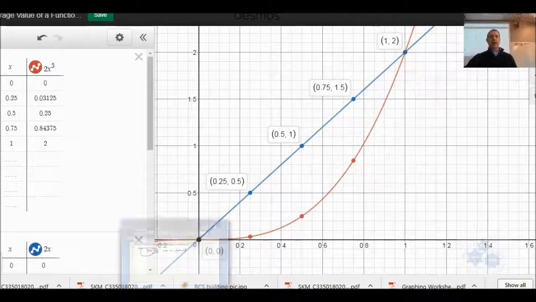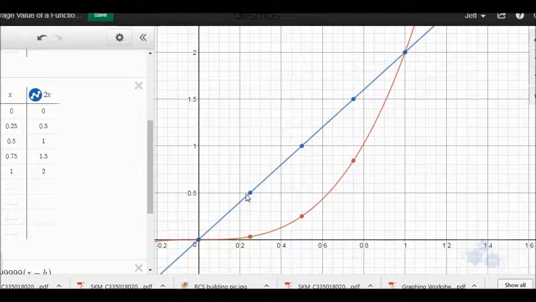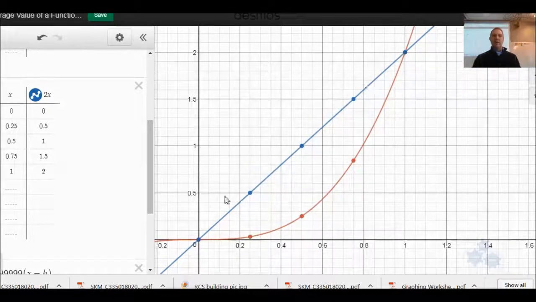Now, let's just prove that. If we look at these points on the blue graph, we are going to look at the y values right here, and because we've taken a 0.25 value and we've done this repetitively with equal space in between, I'm going to take these y values, add them up, and find an average value for the function.